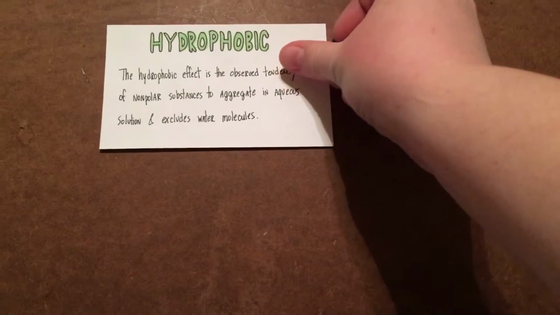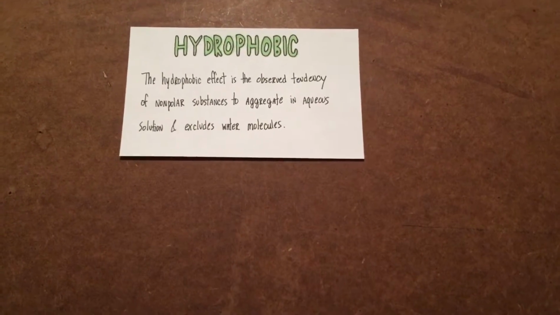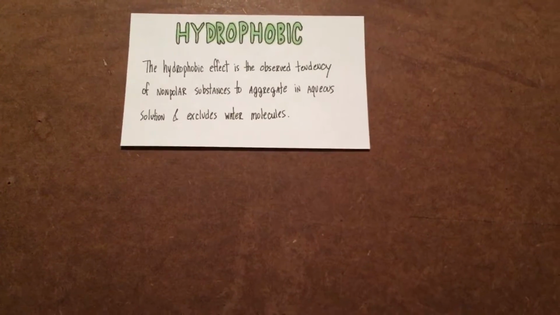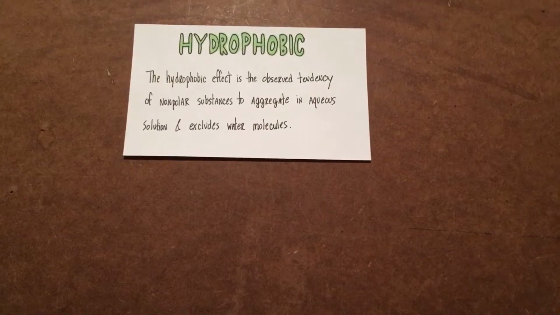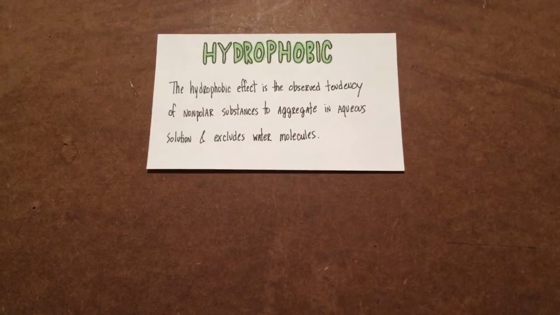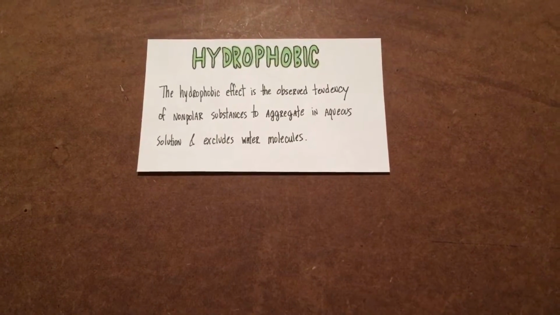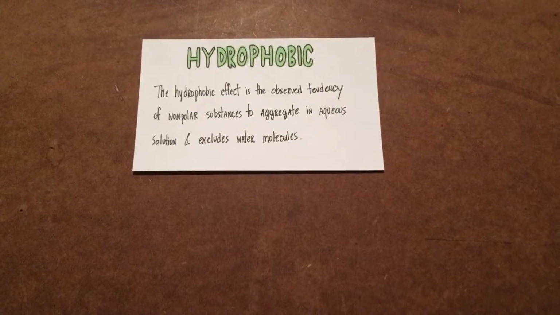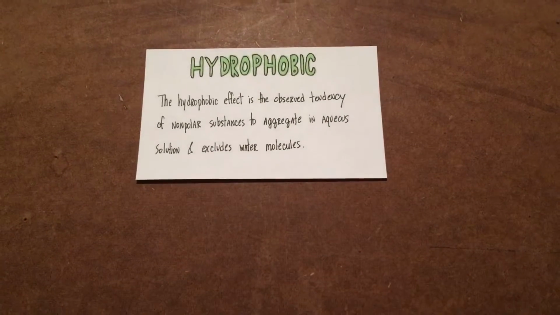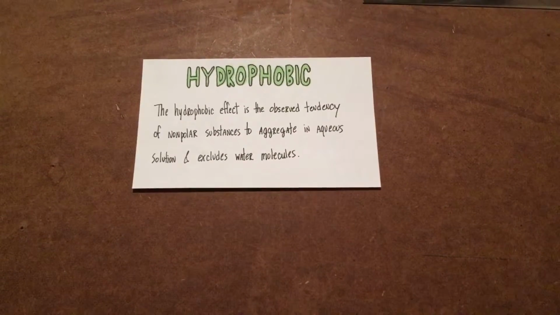So one is hydrophobic, and I'm getting my definitions from Wikipedia now because I've grown and discovered the internet, and it's a wonderful thing. The official internet definition is: the hydrophobic effect is the observed tendency of nonpolar substances to aggregate in aqueous solution, and it excludes water molecules.